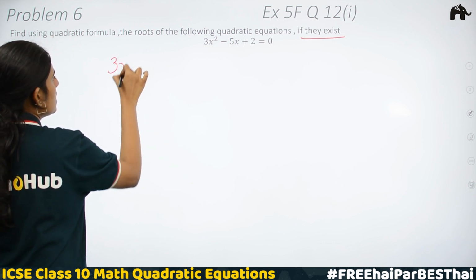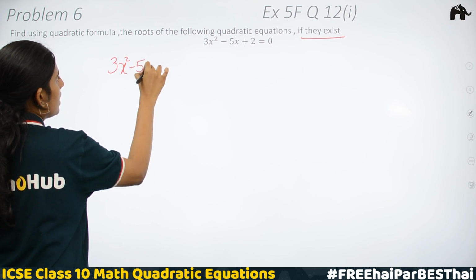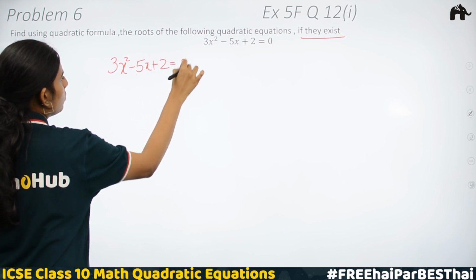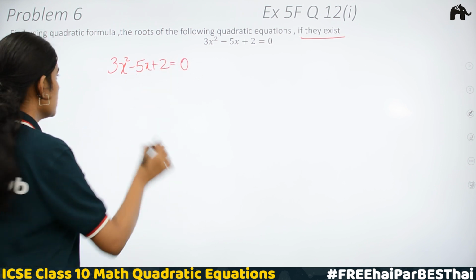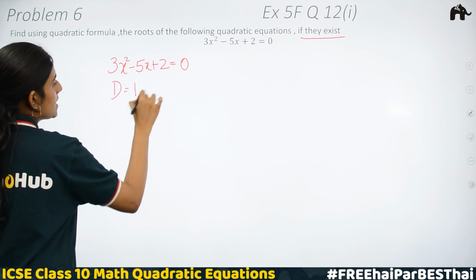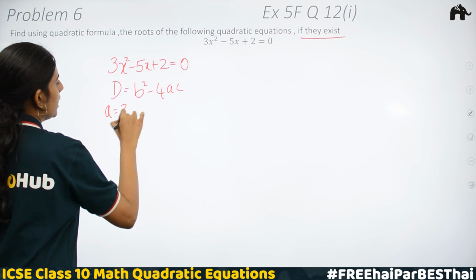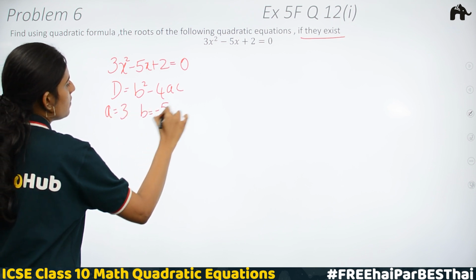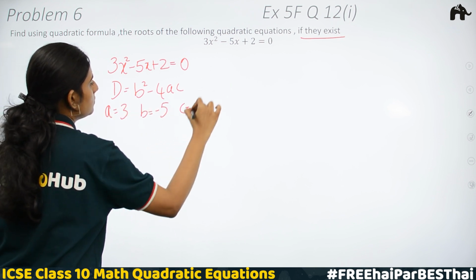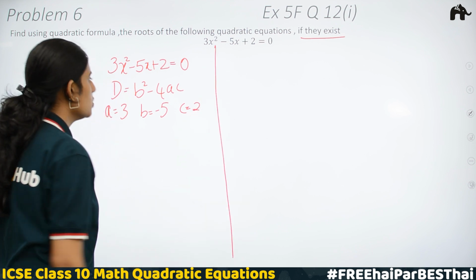The equation is 3x² − 5x + 2 = 0. What is the discriminant? The discriminant is b² − 4ac. Here a is equal to 3, b is equal to −5 and c is equal to 2. Now substitute the values.